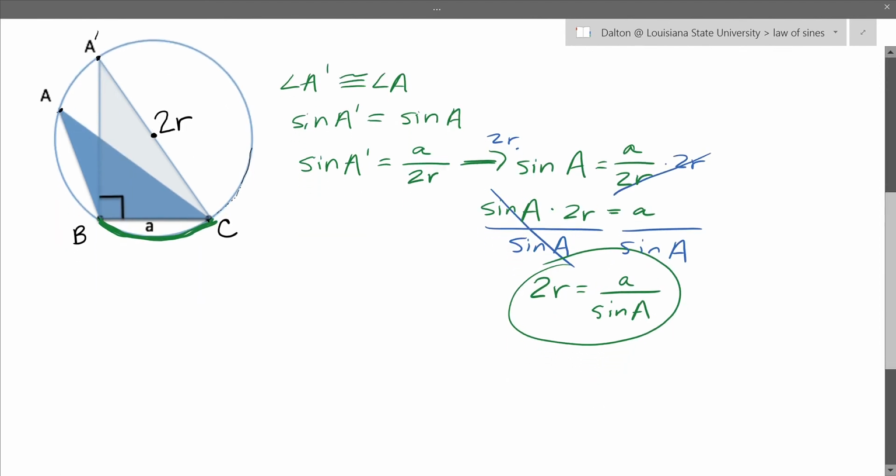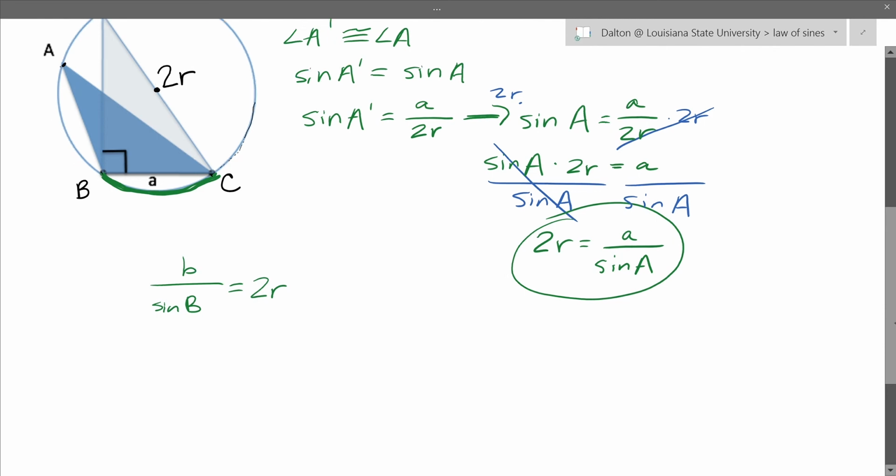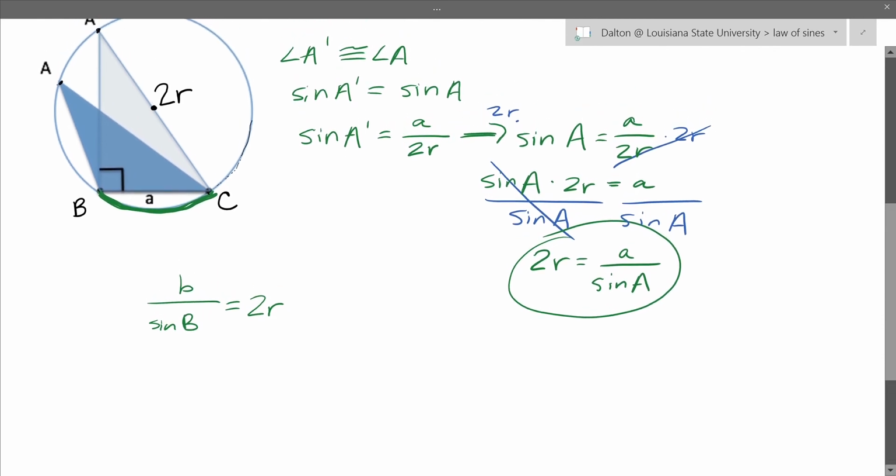So you could look up a full proof of it if you want. Just know that exactly what we had here with the sine of A and A prime is going to be the exact same scenario for B and B prime, which means b over the sine of B, using what we learned up here with a and sine of A, would also end up being 2r, because we'd create it into a right triangle with the sine of B prime.